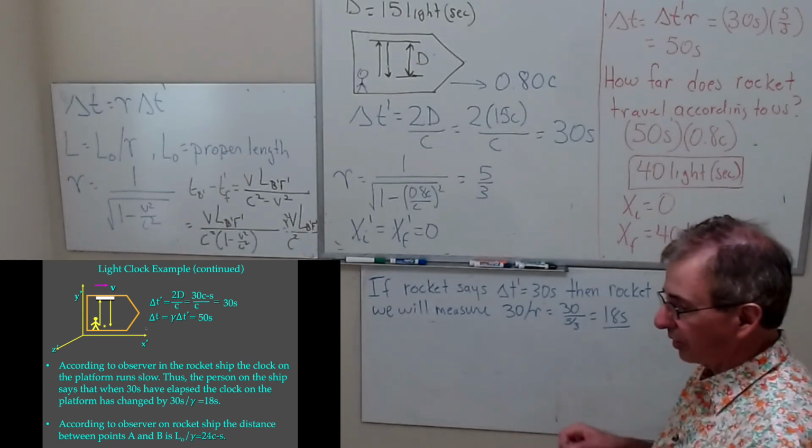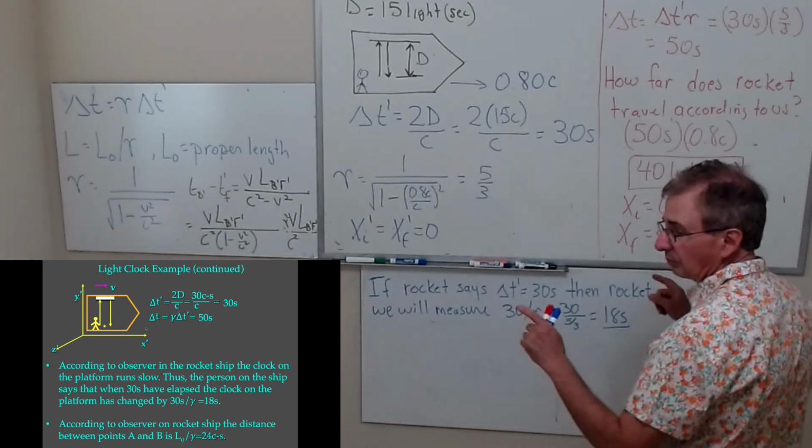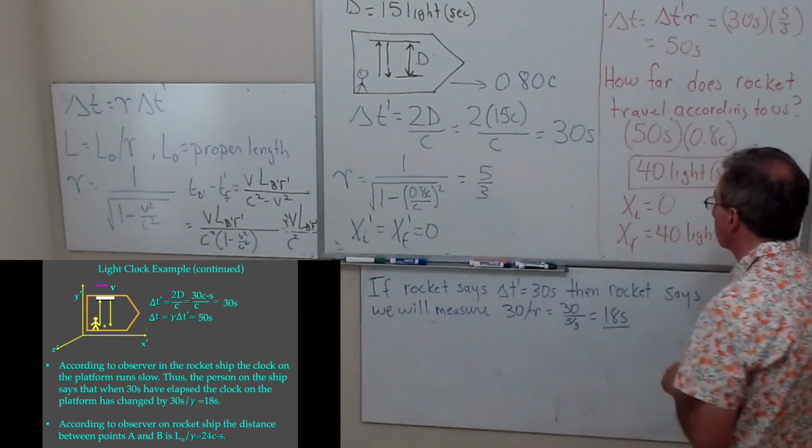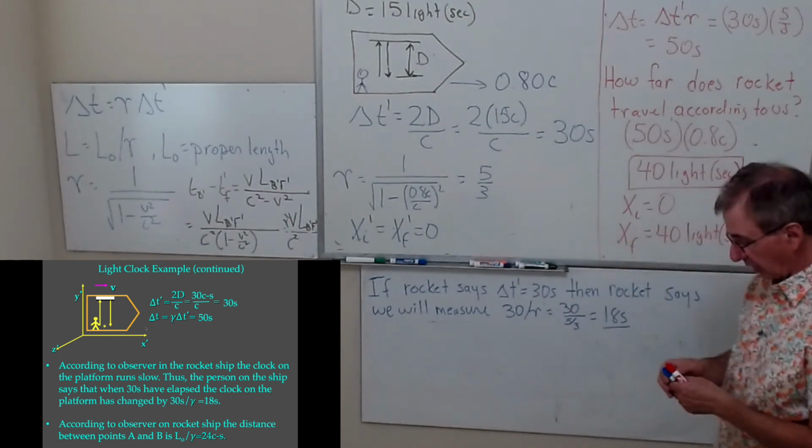Furthermore, according to the observer on the rocket ship, the distance between points A and B is going to be 30 seconds times 0.8.